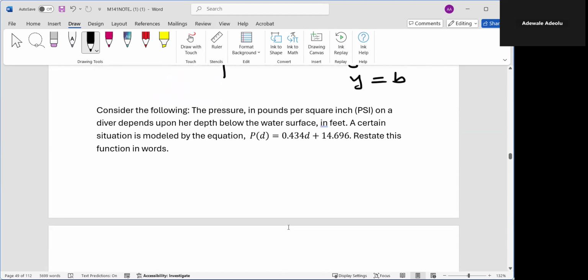Okay, consider the following. The pressure in pounds per square inch, that is the unit, PSI, on a diver depends upon the depth below the water surface in feet. A certain situation is modeled by the equation P of D equals 0.434D plus 14.696.